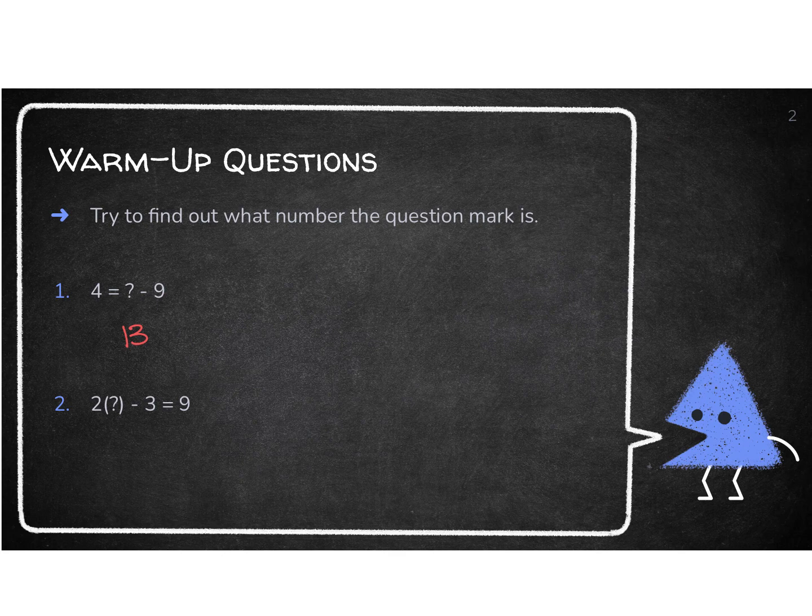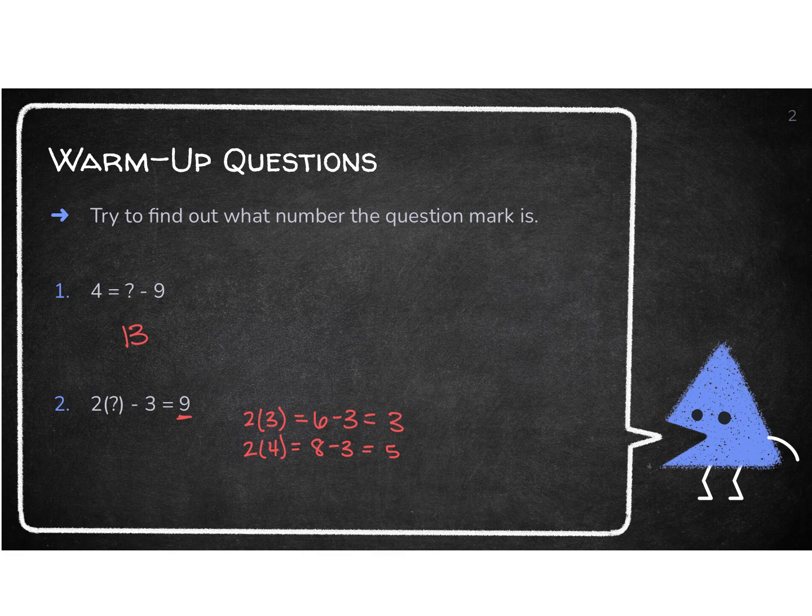Okay, so 2 times what number minus 3 is going to give me 9? Well, you can try all the different numbers. I could say 2 times 3 is going to give me 6, and then subtract 3, that gives me 3, not 9 like I want. So I could try 4. Well, 2 times 4 would give me 8, minus 3 is 5, still not 9.